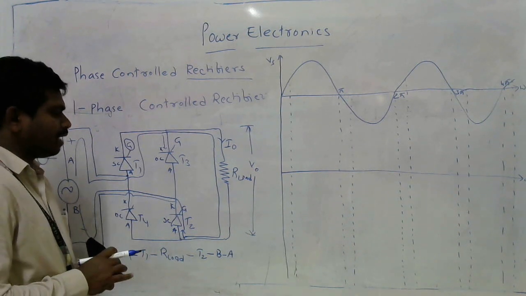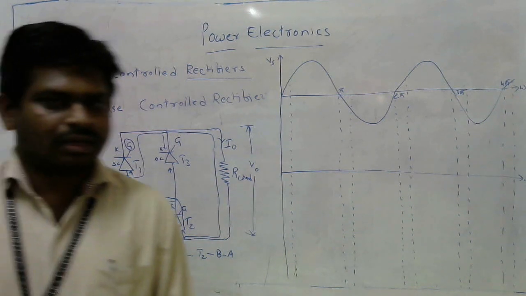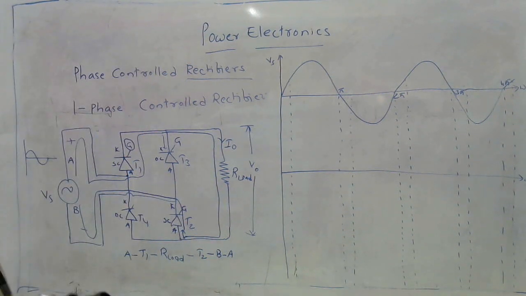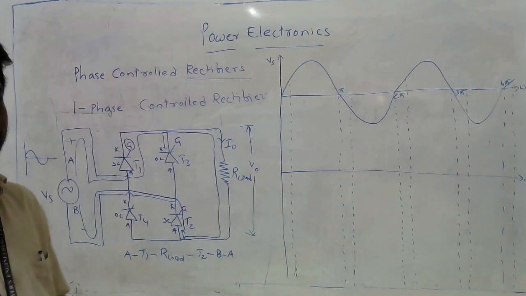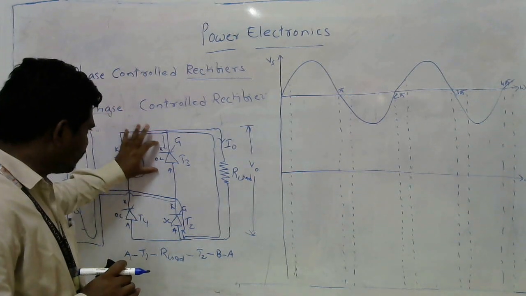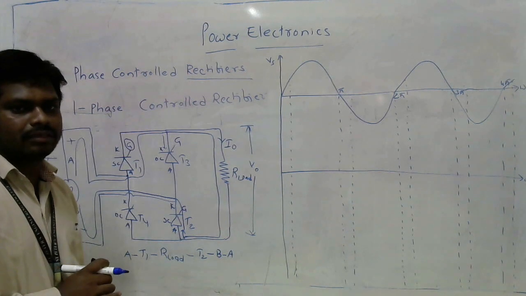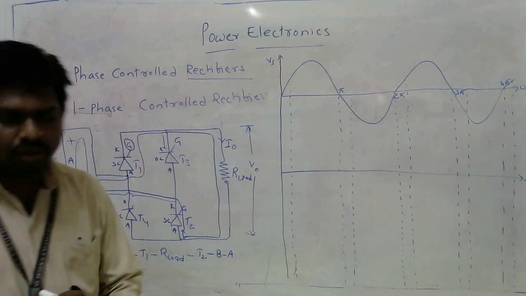Gate triggering is one of the turn-on methods of SCR, as I said. But even though the reverse voltage is applied, if I give the gate voltage, will it turn on or not?